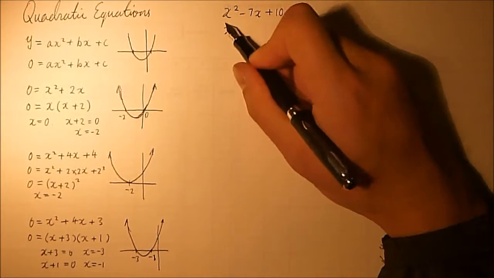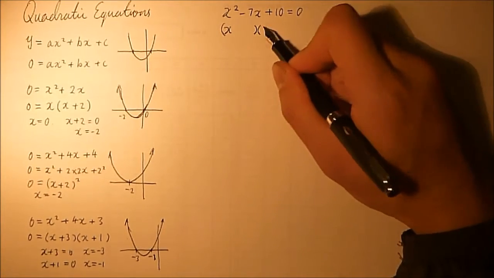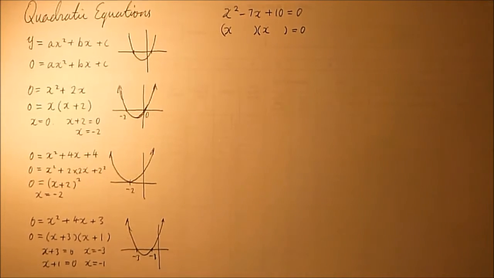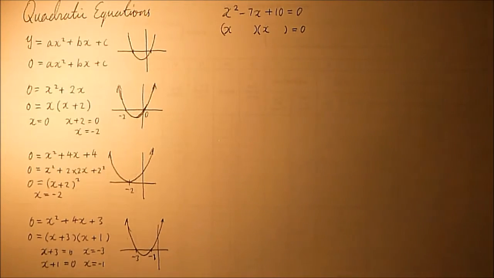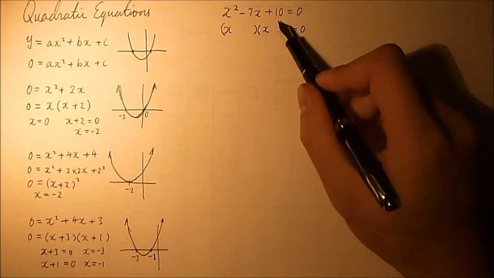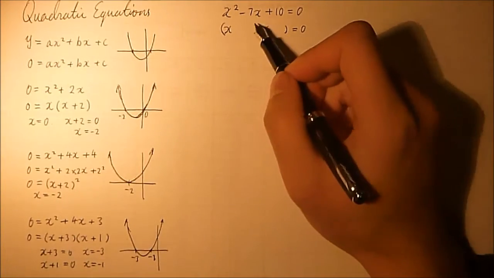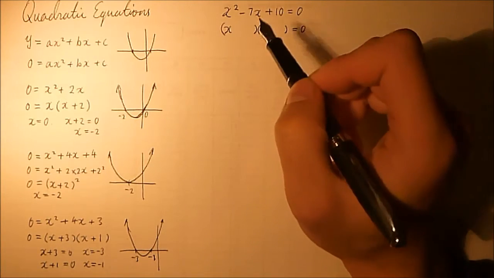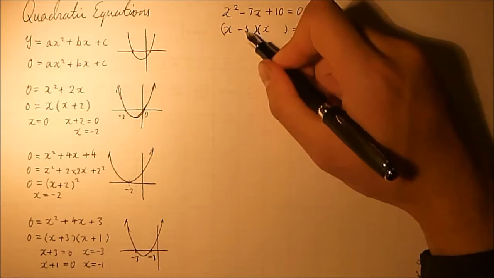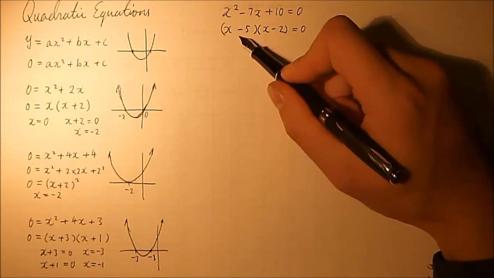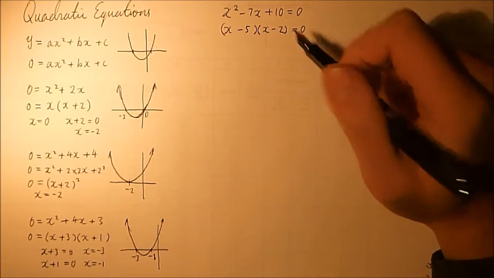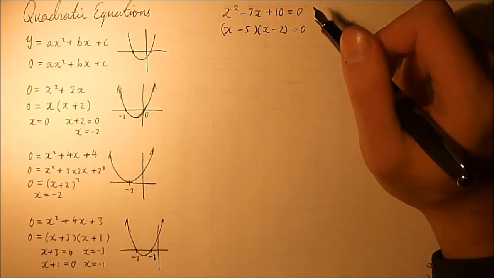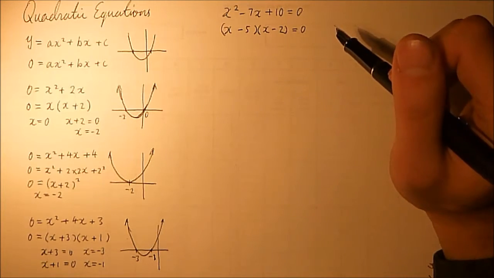So x plus something times x plus something else has to be 0. In this case, we're looking for two numbers. When you multiply them, they have to give you 10. And when you add them together, they have to give you negative 7. Obviously, the two numbers are negative 5 and negative 2, because negative 5 times negative 2 is 10, and negative 5 plus negative 2 gives you negative 7.